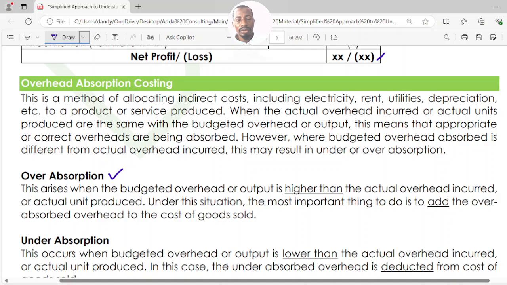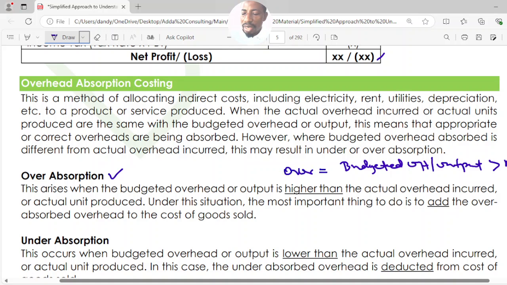When you talk about over absorption, it simply means a situation whereby the budgeted output or the budgeted overhead is greater than the actual output or overhead incurred. Once the budgeted overhead or output is greater than actual, then this is called over absorption.